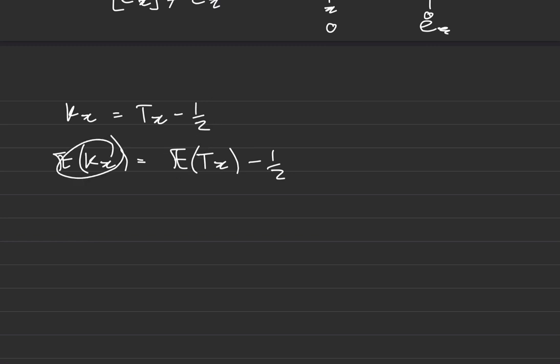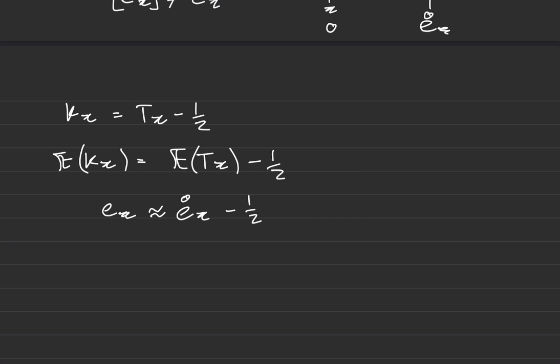Now this is e_x, and this is e with the little circle on top, x, minus a half. Now this is not actually strictly equal. The only reason why I'm saying it's strictly equal is because I've used an assumption. So really, I should be writing an approximation sign, because the assumption might not necessarily hold. But if I assume the assumption holds, then I would use a strict equality sign.